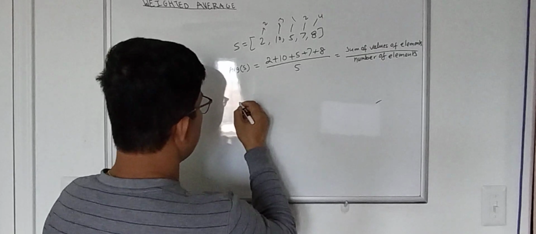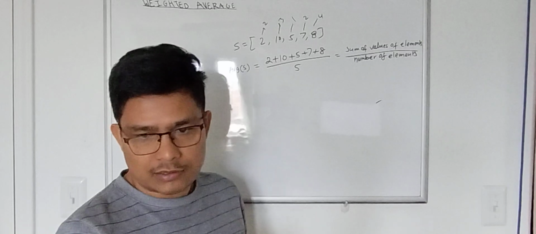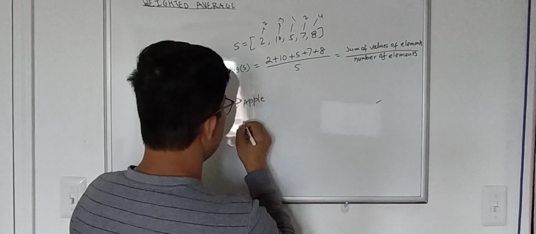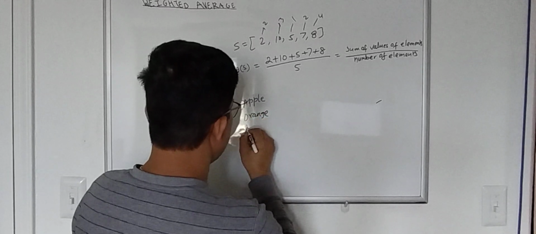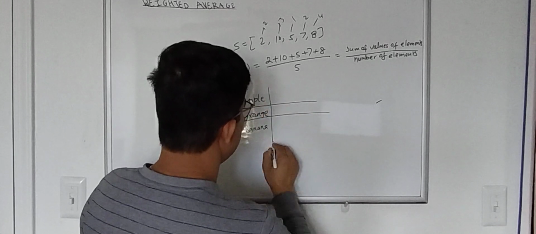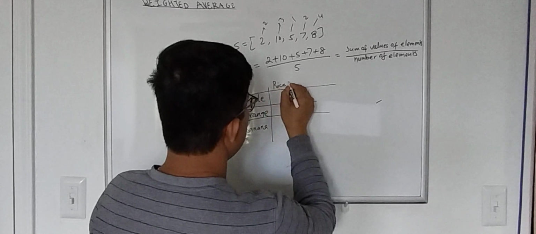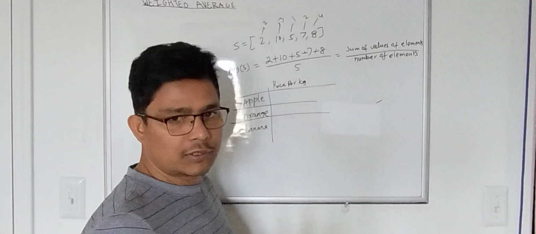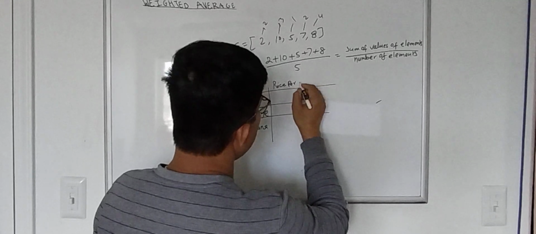Okay, take this example. You go to the market, okay, to buy fruits, and you have apple, then orange, banana, 3 fruits, and let's say here price per kg, or if you want to use American unit, you can say per lb, per pound, okay?